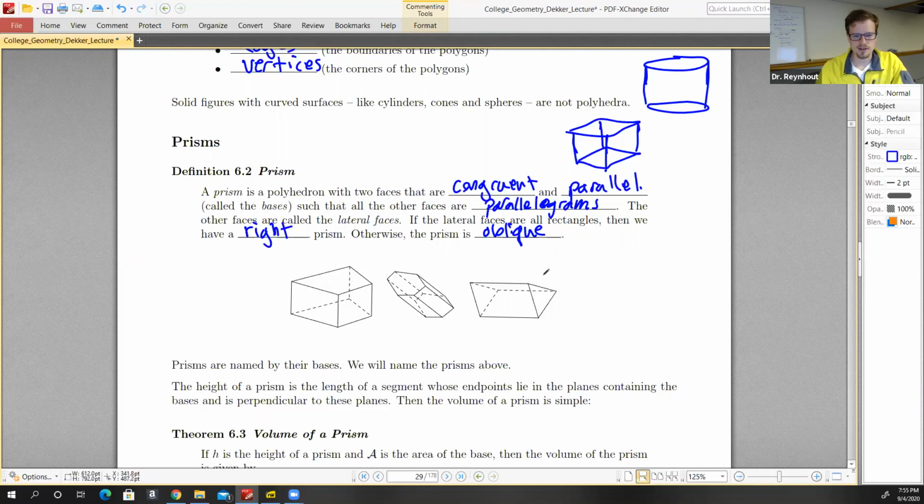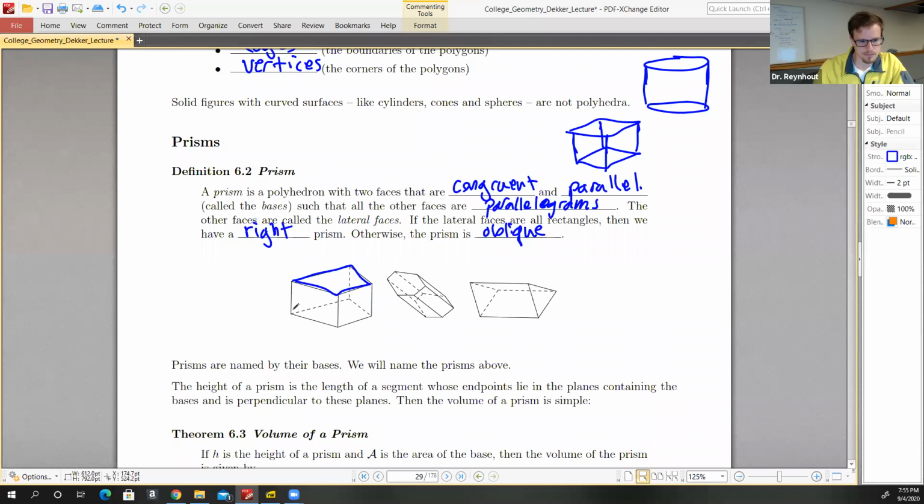So here are three examples of prisms. And when we name prisms, we name them by their bases. So here, on our first prism, the base is a trapezoid.